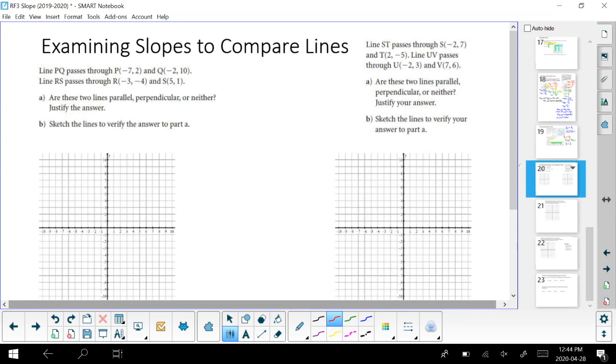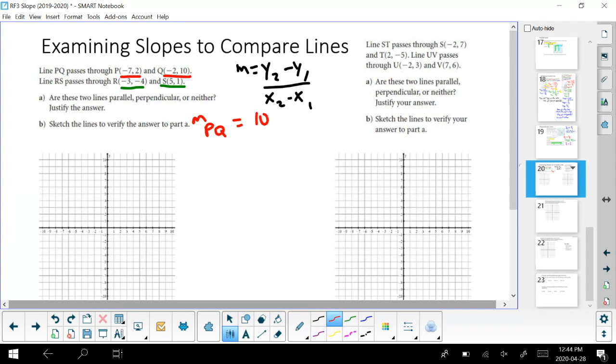So on this page, we're going to examine the slopes of different lines to figure out if they are parallel, perpendicular, or neither. Line PQ passes through P(-7, 2) and Q(-2, 10). Line RS passes through R(-3, -4) and S(5, 1). To calculate the slope of each, we're going to use our slope formula. Let's plug in our values for PQ.